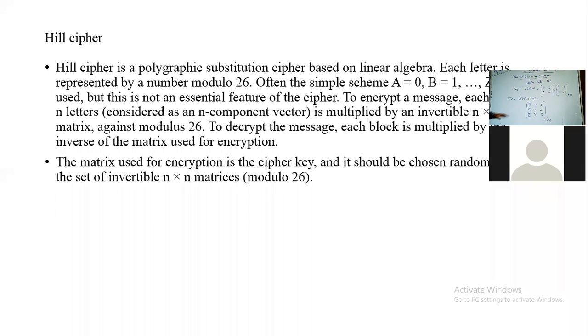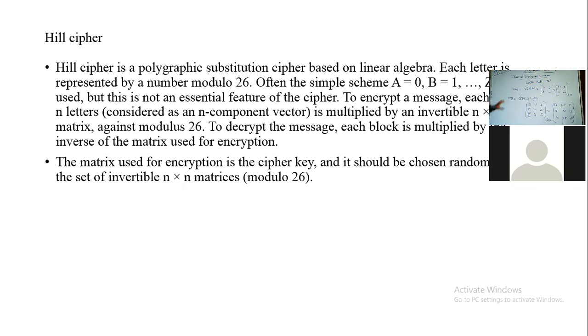Clear? So in this way you can convert the key into matrix form. Also you have to write the numbers of these letters. What is the number of Q? Letter number of Q is 16, and U is 20, I is 8. In this way we have 2, 10, 13, 4, 18, and 18. In this way we can convert the key into the matrix form.